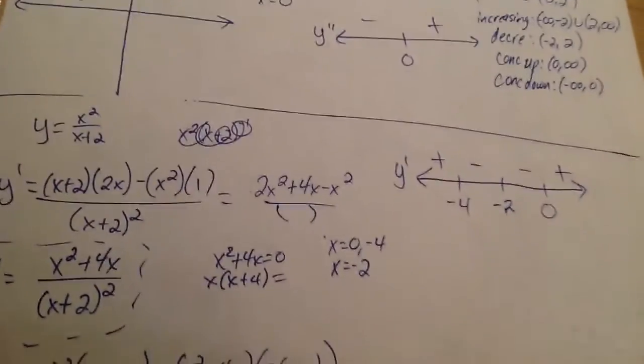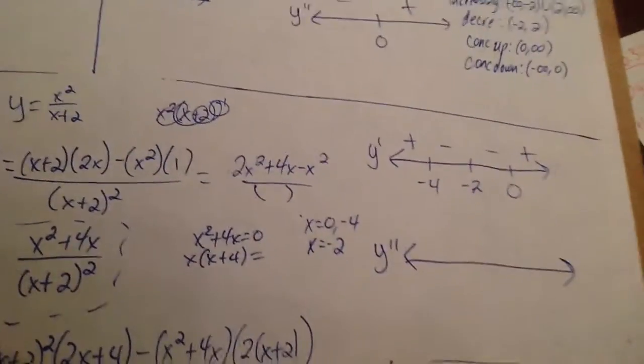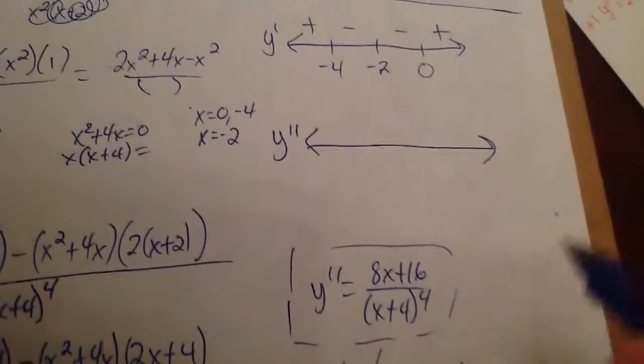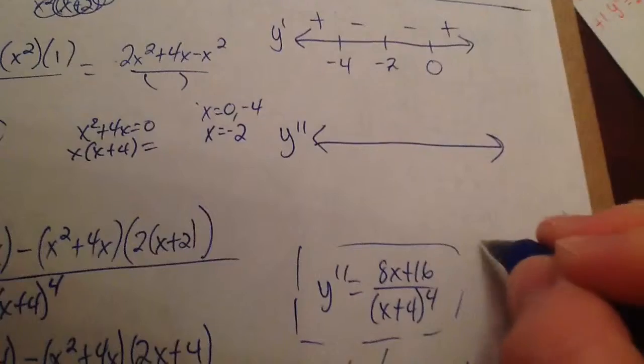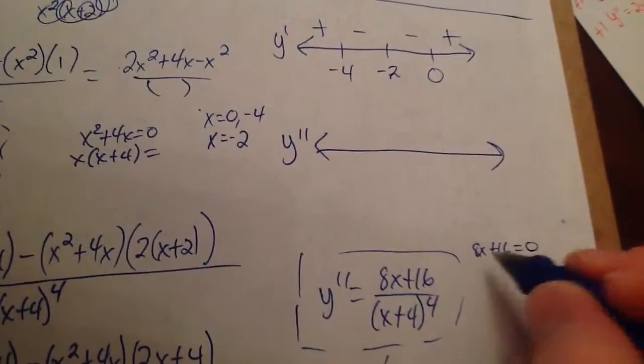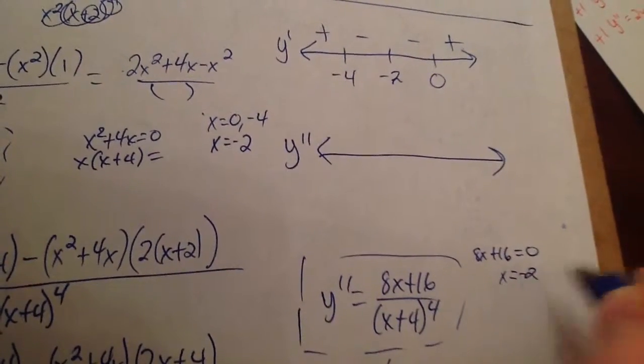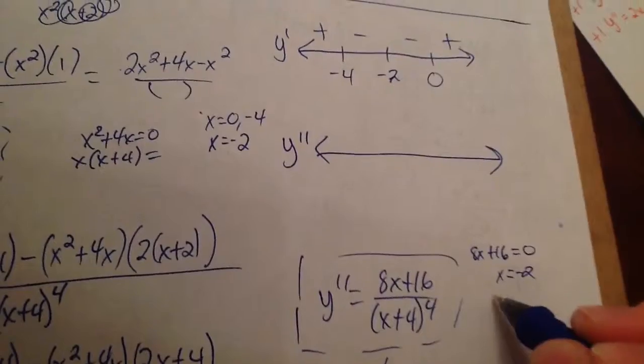Might as well do my second derivative one right now, just because it'll fit nicely right here. Where that will equal 0 or not exist, 8x plus 16. Subtract 16, divided by 8, so that'll be negative 2. And then the bottom can't be negative 4.